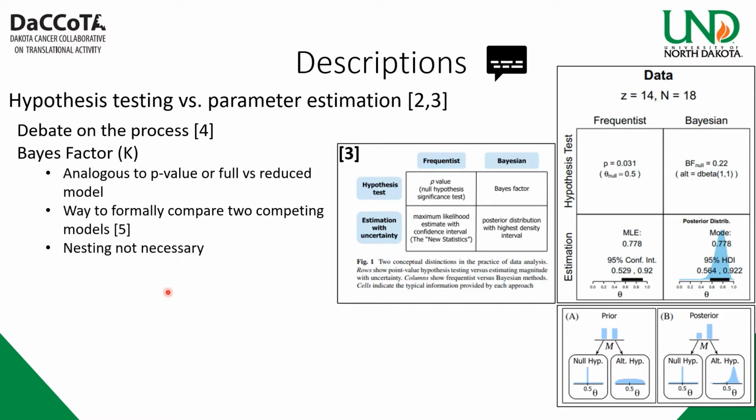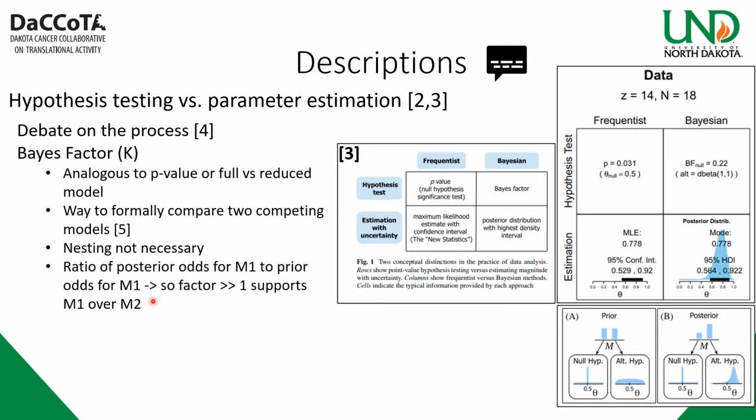And the nice thing that's different between this and, say, frequentist model comparison is nesting is not necessary. What I mean by nesting is, in frequentist, a model has 10 variables, and then it's compared to another model that just took out one of those variables. They're nested versions of each other. Nesting isn't necessary for the Bayes factor, so it makes it more broadly useful.